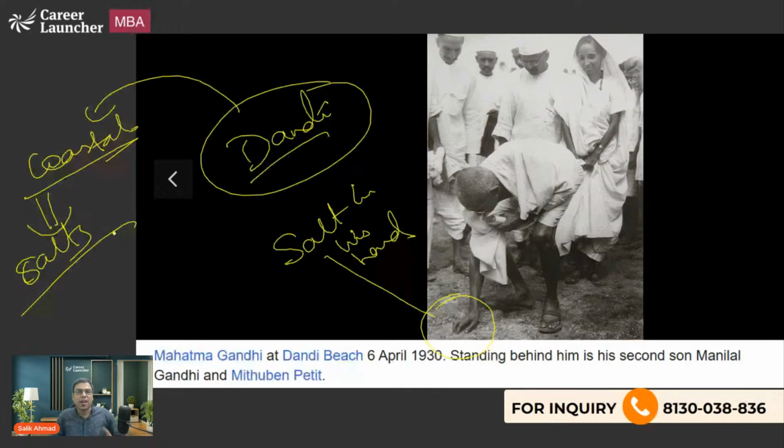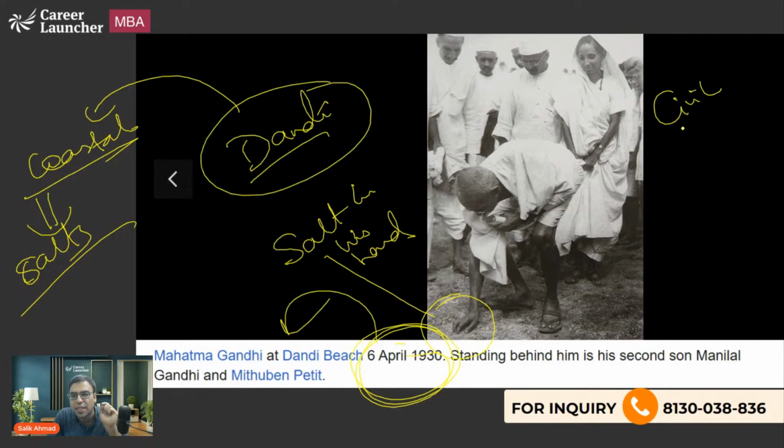You will find salt being left by the ocean water and the Arabian Sea. That's why he reached there and took the salt in his hand, just as a symbolic gesture that, yes, I am breaking the salt law. That is what Gandhiji did on 6th April 1930 when he reached Dandi. This entire Dandi March is considered the beginning of the civil disobedience movement.